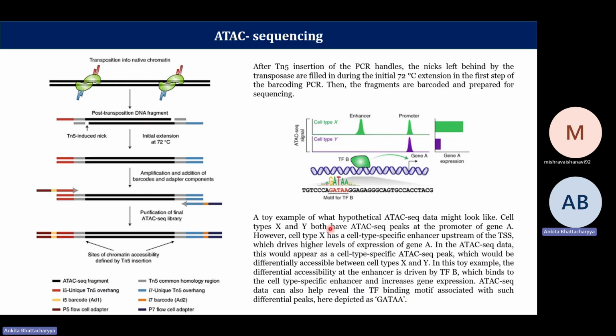However, when you look at cell type X, that has a specific enhancer which is upstream of the TSS, here shown in green, and that is actually controlling the increased expression of gene A. So while there is enrichment of the ATAC-seq peaks at the promoter of gene A, the upstream enhancer shows differences between cell type X and cell type Y. So in the ATAC-seq data, this would appear as a cell type specific ATAC-seq peak, which would be differentially accessible between different cell types.